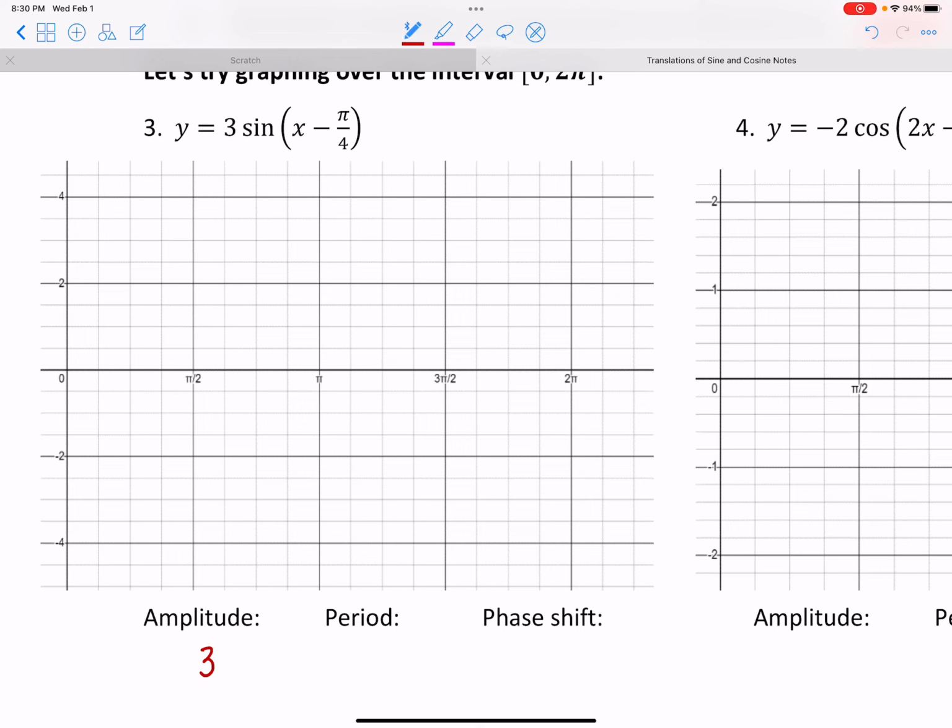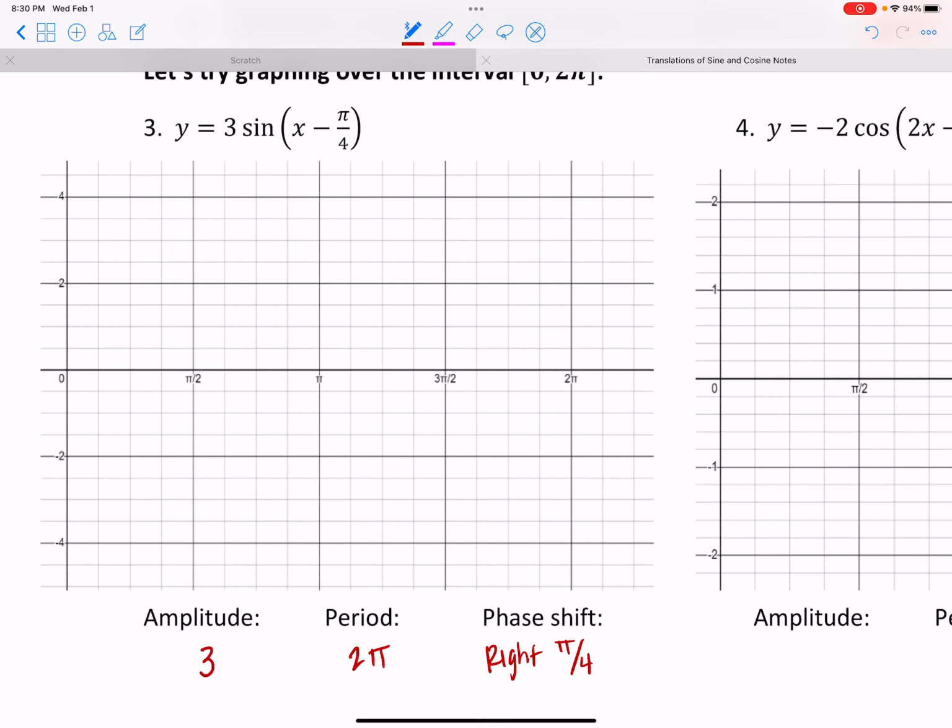Okay, and I don't have anything other than 1 in here for b, so my period is still going to be 2 pi, but now I have this phase shift. This minus pi over 4 in here says that everything in my normal graph has to go to the right pi over 4 units.